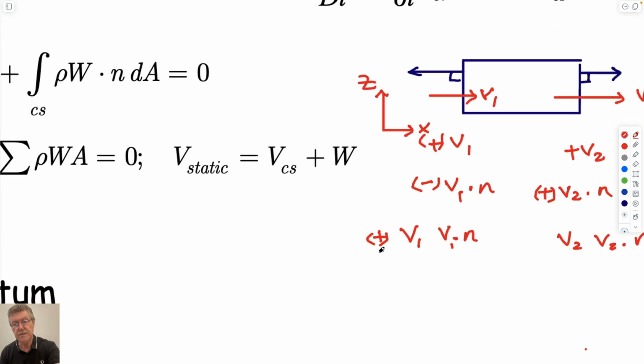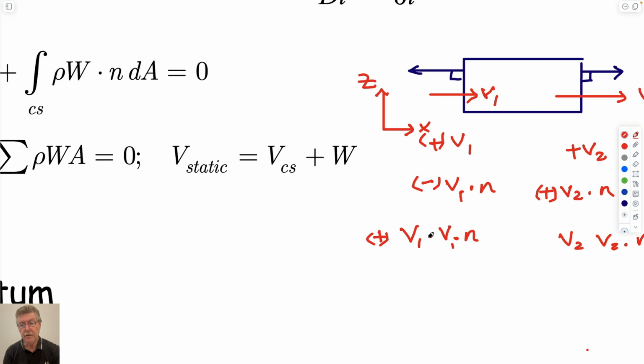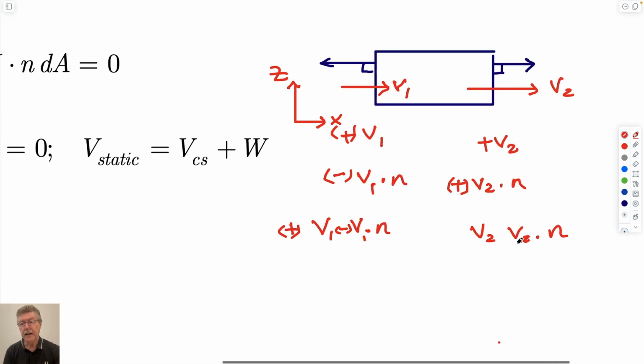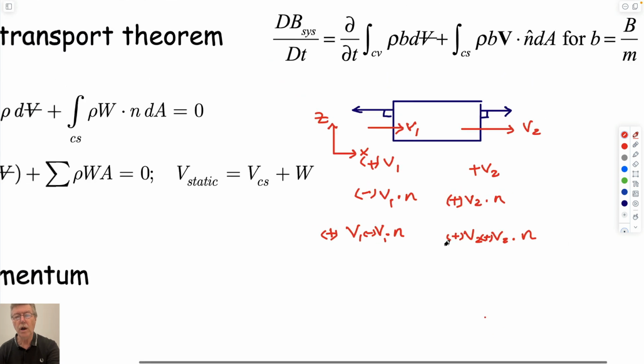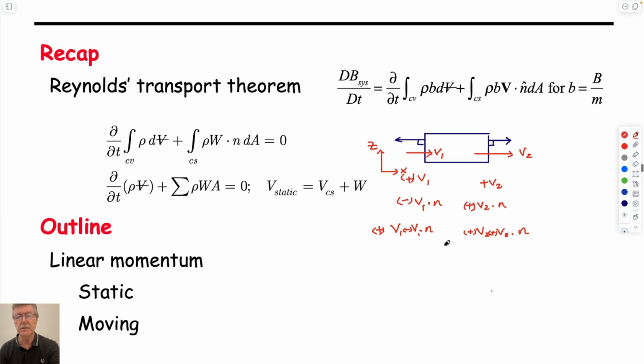This one is going to be negative as it was above, and so the net value of this will be negative. This value here from before is positive, and this velocity in the 2 is also positive because it's in the positive coordinate direction. And so we have to be mindful of the signs of these when we put them together. We're not there yet because I haven't told you why we're doing that, but we will come back to define that.